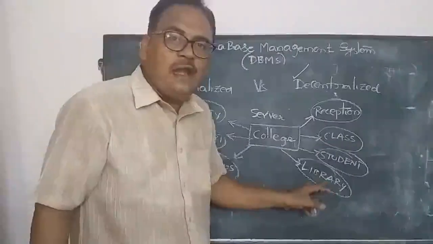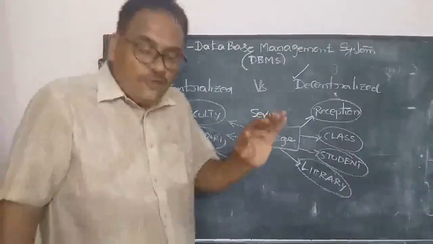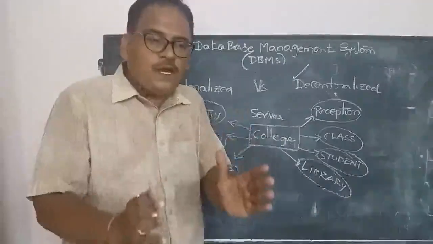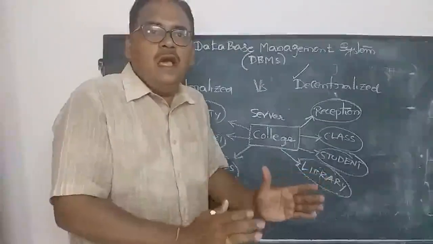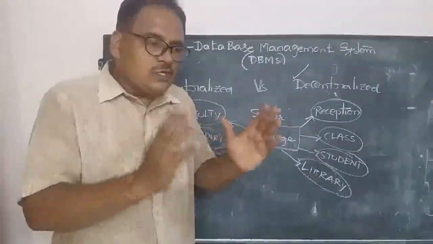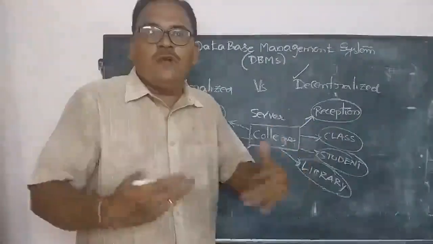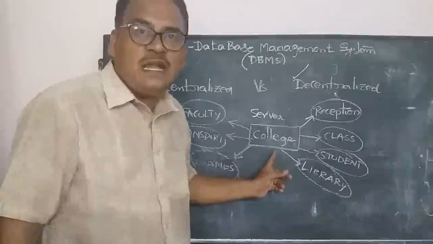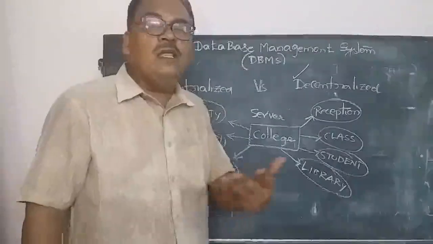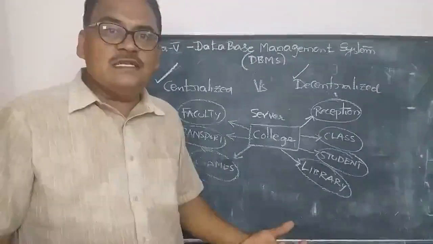Whenever data is repeated, you have to change every copy to avoid inconsistency. If you want to maintain consistent data, consistent means one particular data gives one piece of information only. A student, Ashok, is not joined in ABC, or in BSc, or in BCom at the same time. So no such duplicate information occurs when you centralize the data. So what is the purpose of centralization? To share the data, to reduce the redundancy, to avoid data inconsistency, and to maintain data consistency.